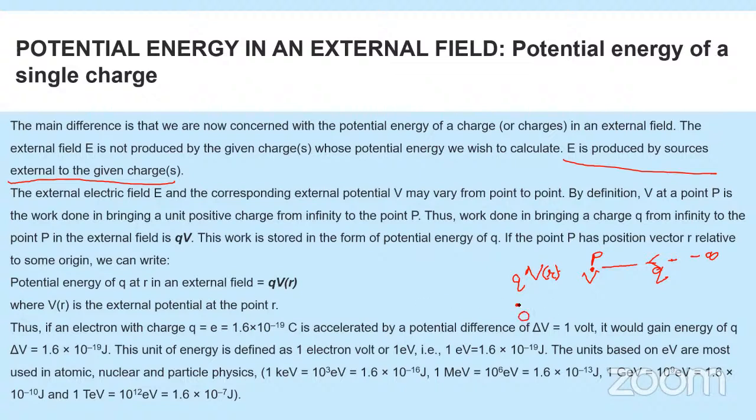This is your origin and this is your R. So the potential energy of Q at R in an external field is going to be QV(R).